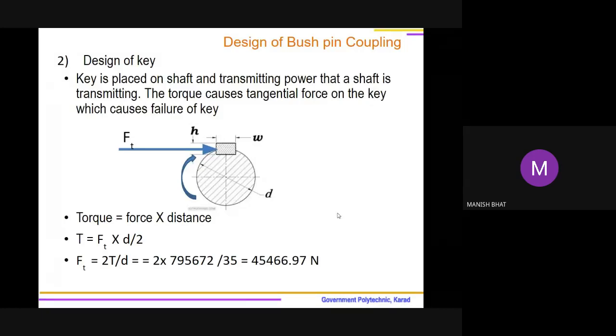Key is having width W, height H, and length L. Key is supposed to bear this force, 45,466.97 Newton. For that sake, I have to consider the mode of failure.